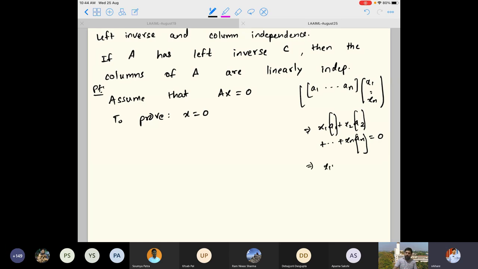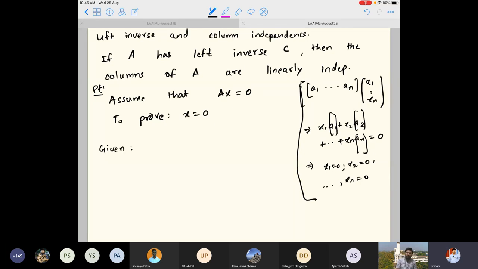If that implies that X1 is equal to 0, X2 is equal to 0, up to Xn is equal to 0, then the columns A1, A2, up to AN are linearly independent. That is the meaning of columns being linearly independent. So we start with a trivial linear combination, AX is equal to 0, and then we want to prove that X is equal to 0.